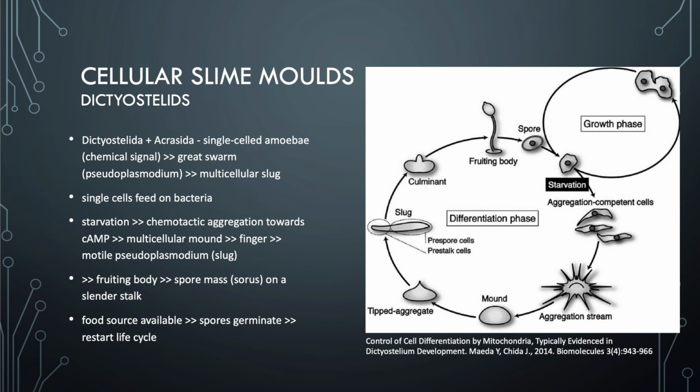So there are obviously different species, but this is one of the most widely studied examples of this relationship between individual cells' ability to cooperate in such a manner, coming together to form a multicellular organism, you could say.